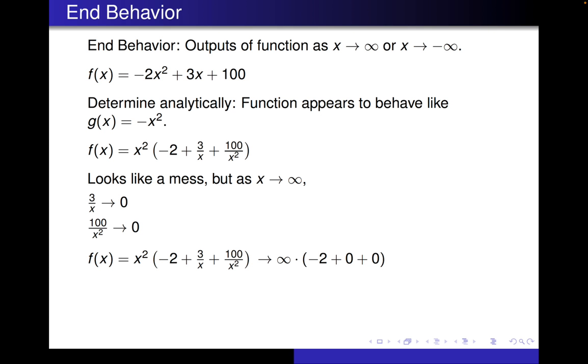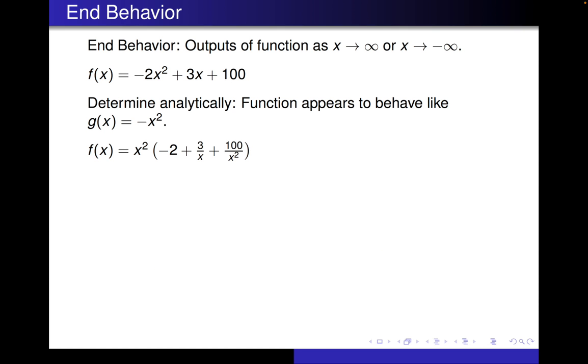So you get infinity times negative 2 plus 0 plus 0. That's where we're headed as x goes to infinity. So what that's saying is it's heading towards a number that is huge times a number that is close to negative 2. A number close to negative 2 times a huge number gives you a huge negative number. So that's headed towards negative infinity. Exactly what we saw in the graph.